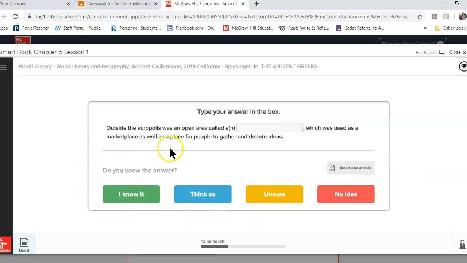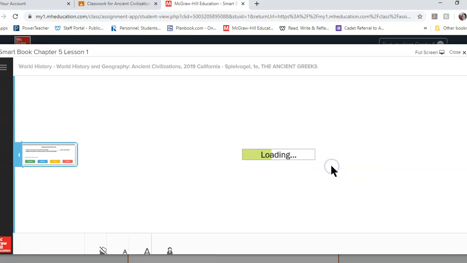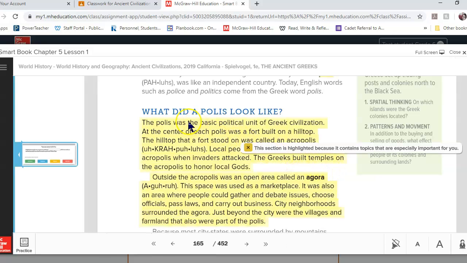So let's say I get to this question and you've already read, but you don't know what the answer is. You can't remember. You're like, oh, I know it's something, but I can't remember what it is. Instead of going back down here to read, you can go up here to read about this, and it will take me directly to the section that has to do with this. See, polis was the basic political unit of Greek civilization.